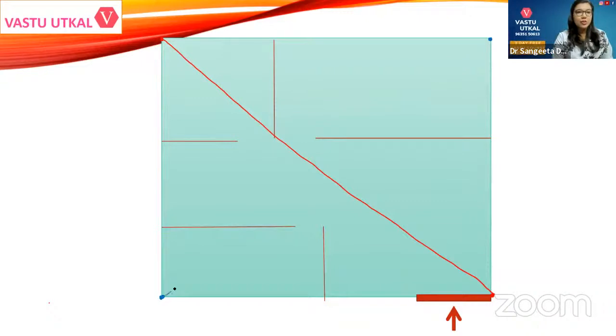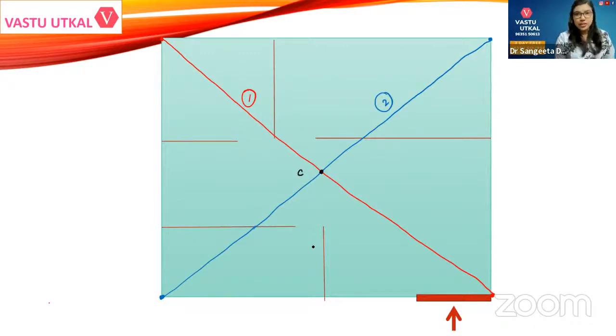And when I join the two opposite corners by drawing a diagonal, I get these two diagonals. This was diagonal 1 and this was diagonal 2. So when the two intersect, I get the center of the house. This point over here is called the center of the house, which I write as C.